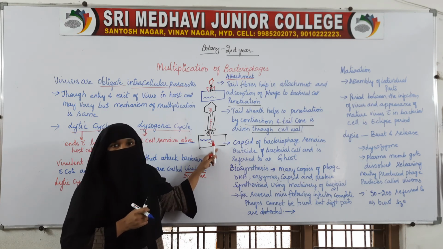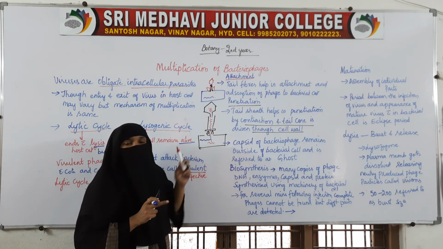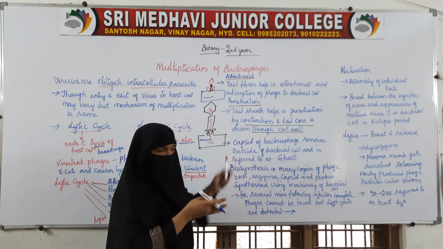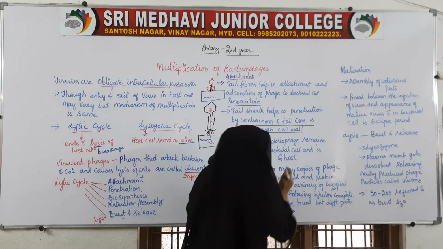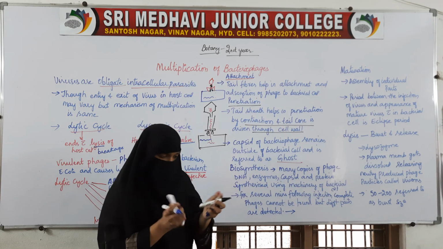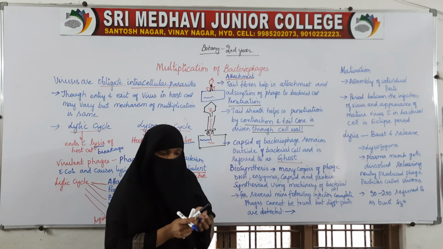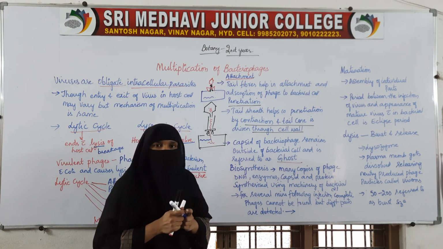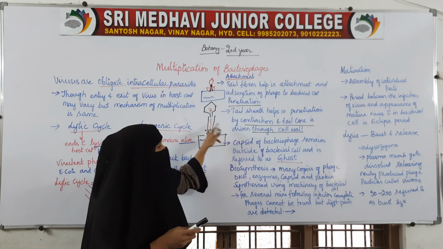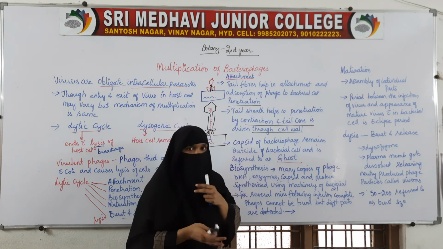Only the genetic material is injected inside the bacterial cell. So the capsid remains outside and falls somewhere. That capsid, without genetic material because the genetic material has entered the bacterial cell, is called a ghost.